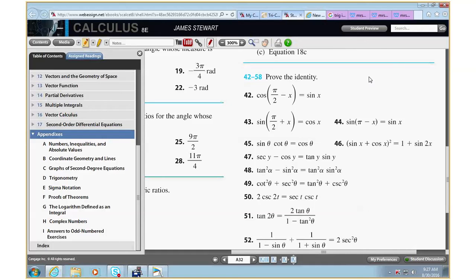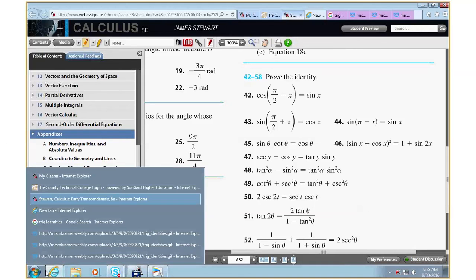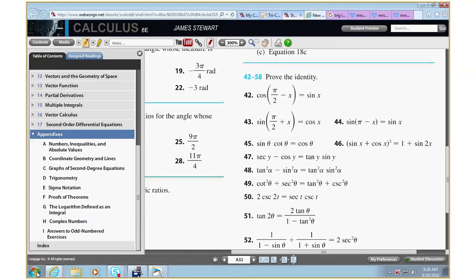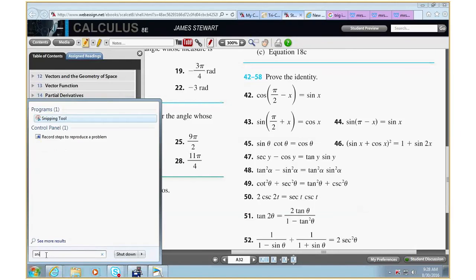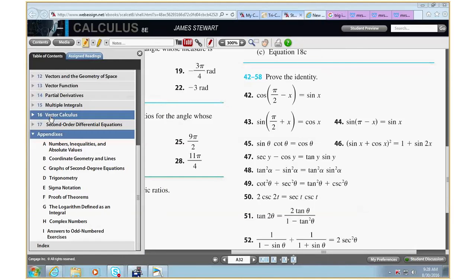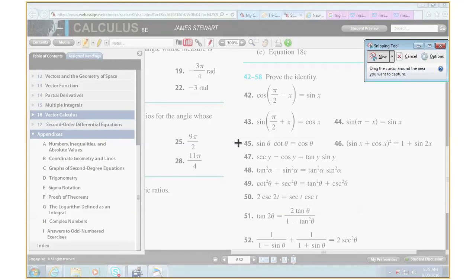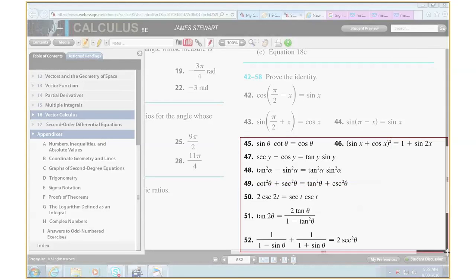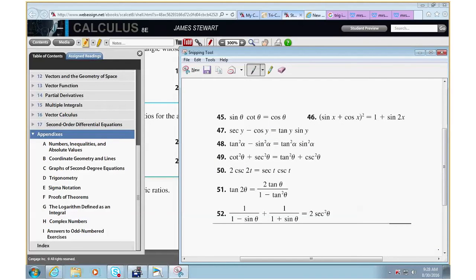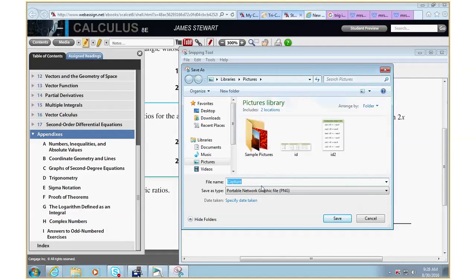It's pretty simple. I'm going to pull a couple of these out using my snippet tool that went away. I'm just going to pull all these out right here. I have no idea how involved they are.